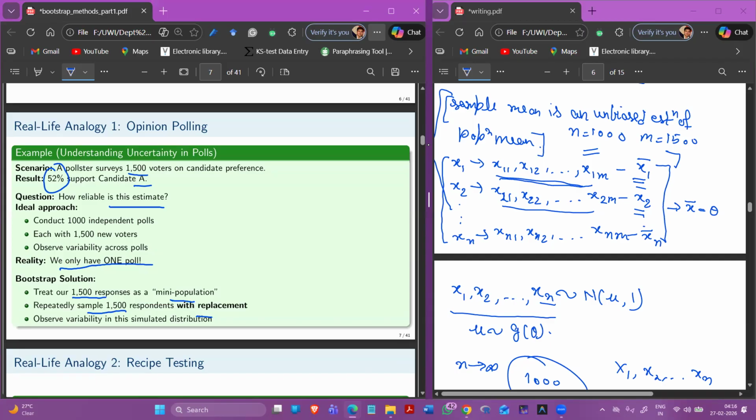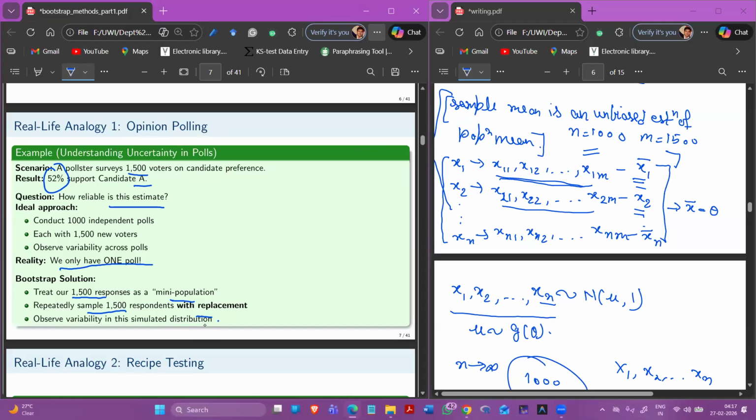One of the expansions should occur more than once. One water can occur more than once when I collect the sample again and again from these 1,500 waters, and observe variability in this simulated distribution.